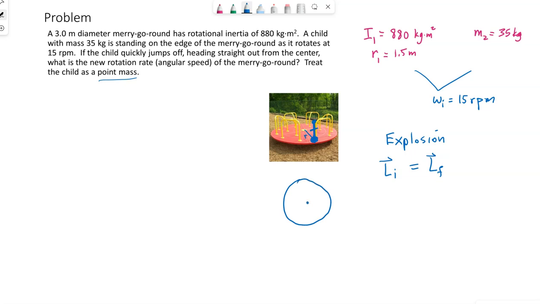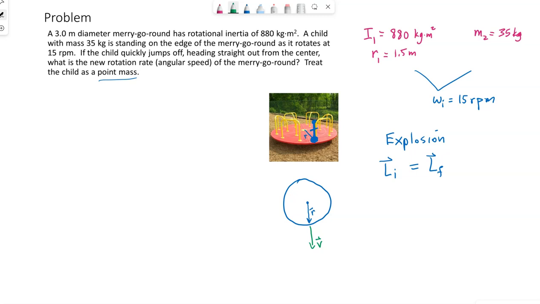If we were looking down on the merry-go-round, the lever arm vector, essentially R, would point from the center of the merry-go-round out to the child. But the child is going straight out. This is their velocity. So the child, by jumping straight out, is not applying a torque to the system. They're not applying a torque to the disc, to the merry-go-round itself.